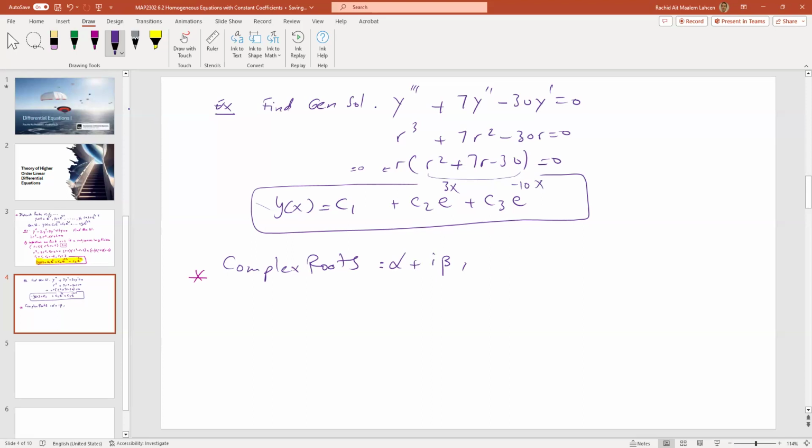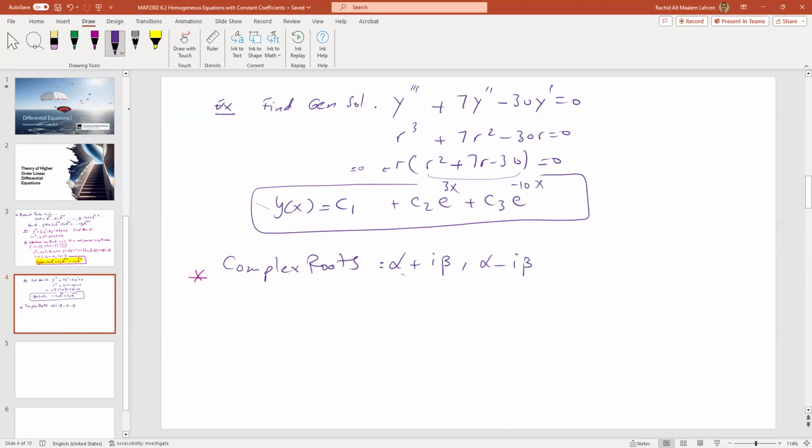Of course, alpha and beta are real. Then the complex conjugate, of course, is going to be this. They come in conjugates.